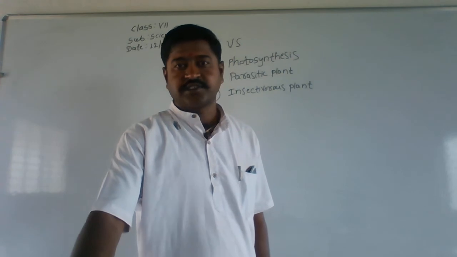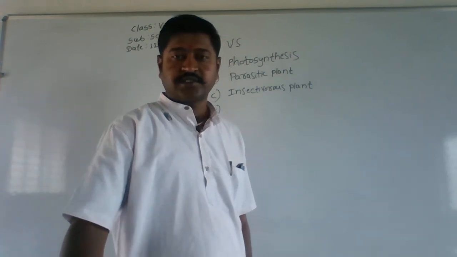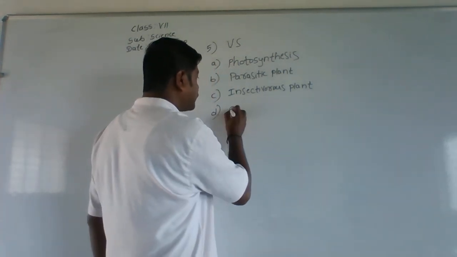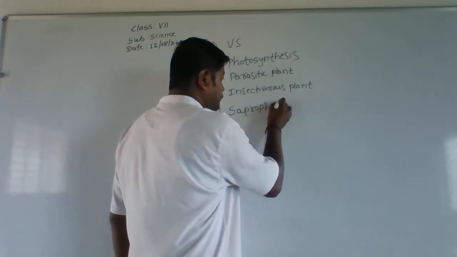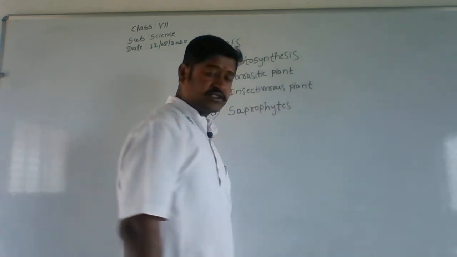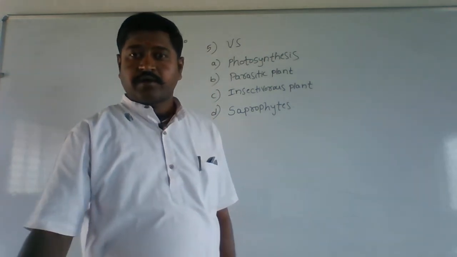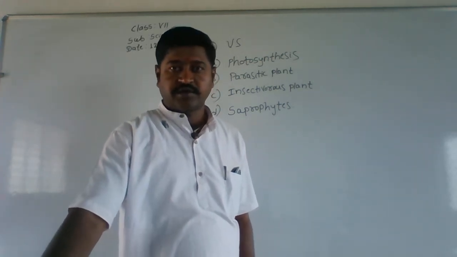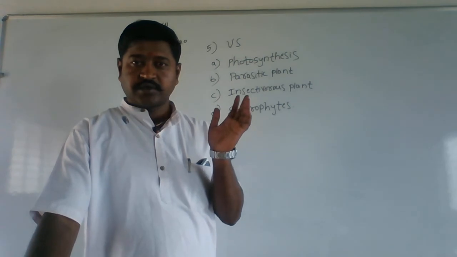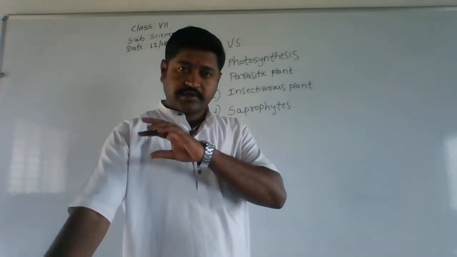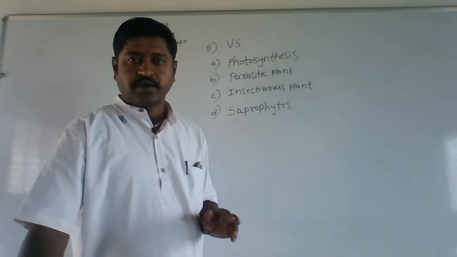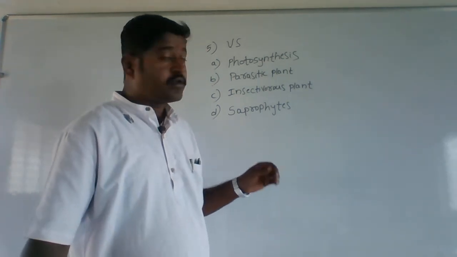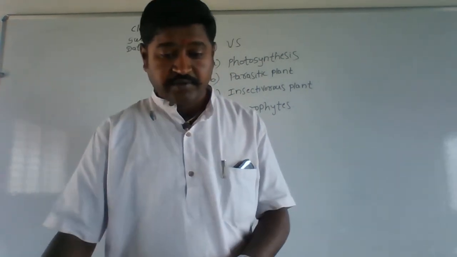What are lichens? These are saprophytes where fungus and alga are there, right? Fungus is going to give out water and the algae is going to give out food. It is clear. So this completes main question 5.